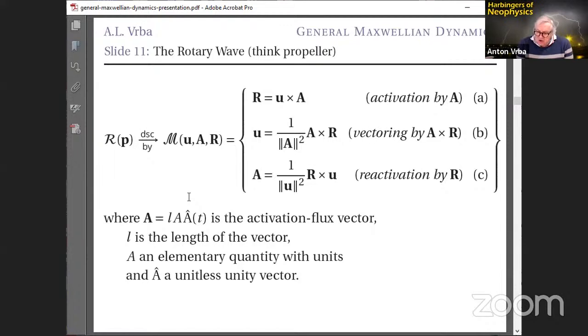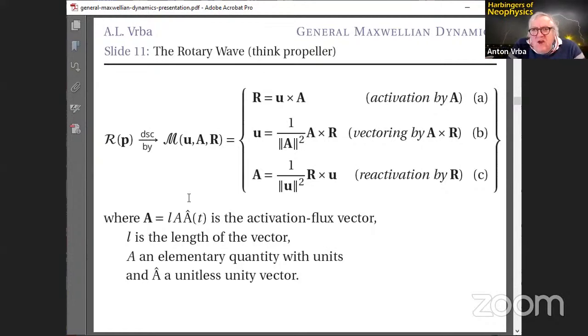It is very easy to show that that motion can be represented by the D'Alembert wave equation. Therefore, this propeller wave, or rotary wave, as I call it, is derivable by mathematics.